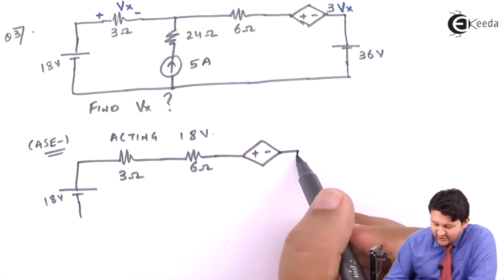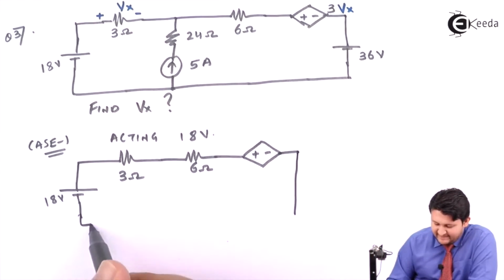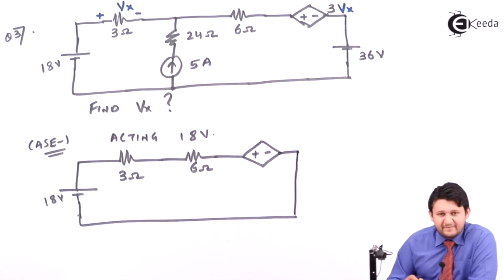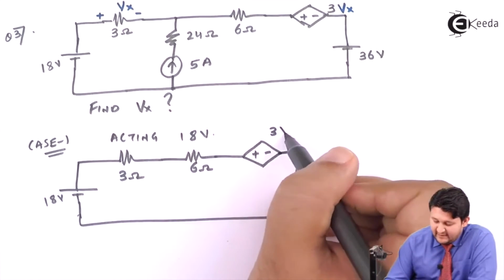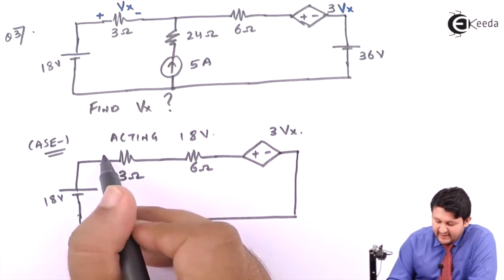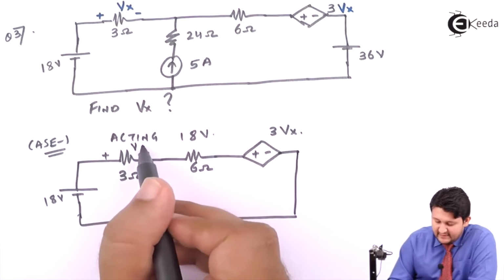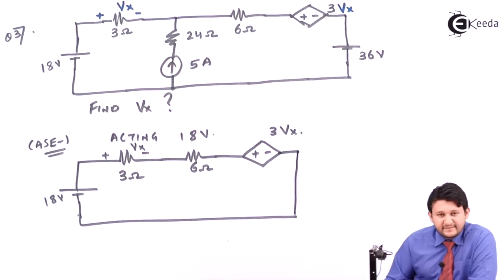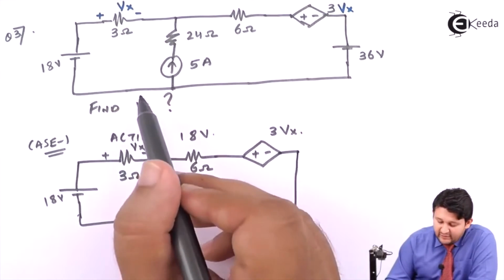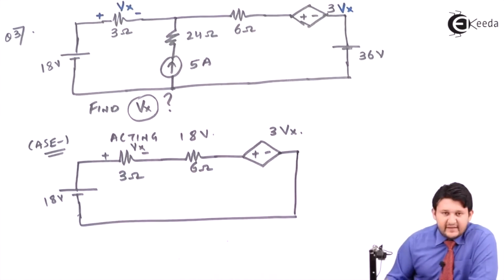So you will be shorting the voltage source. The value is Vx, and Vx is dependent on plus minus. So ultimately, I need to find Vx in every case.